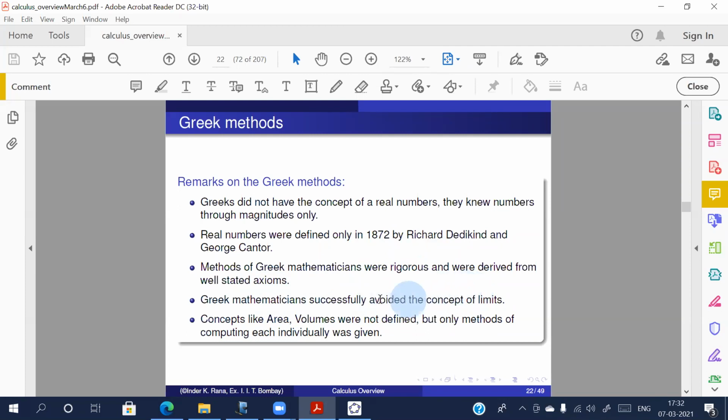But they were rigorous, and their formulas were derived from stated axioms, and they successfully avoided using the idea of limits. They could find particular areas and volumes, but no general methods were given.